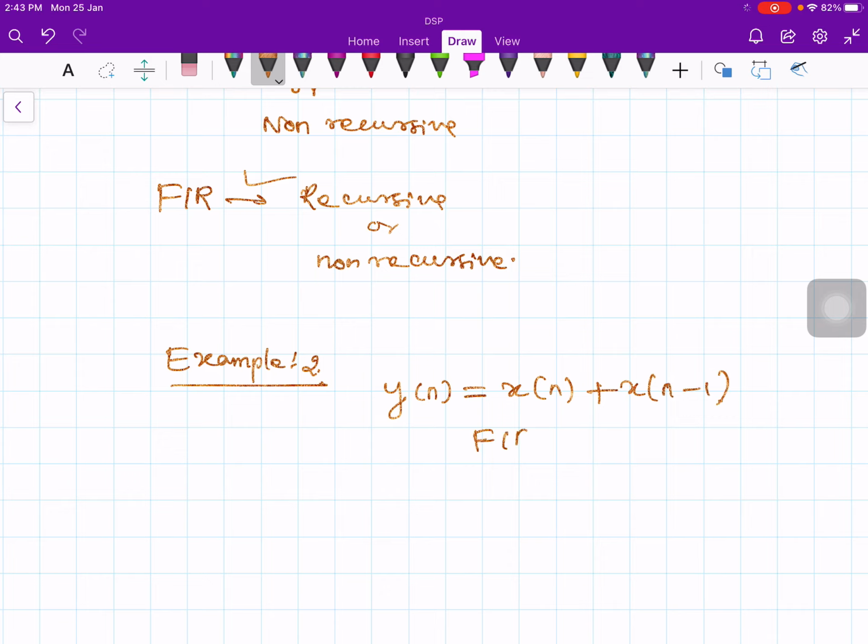This is an FIR filter, right? Obviously the computation is non-recursive. Why? Because we don't need the immediate past output.